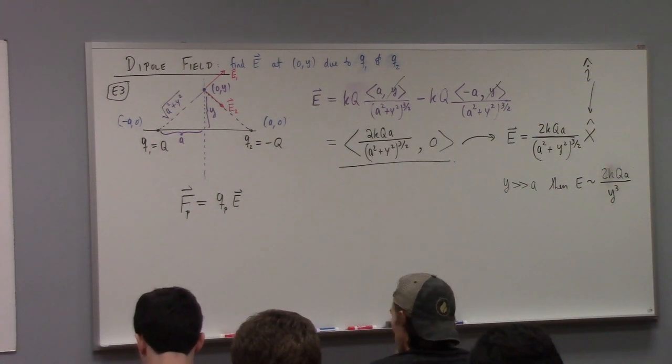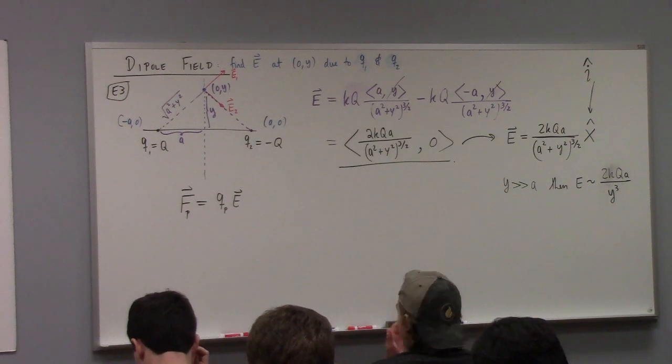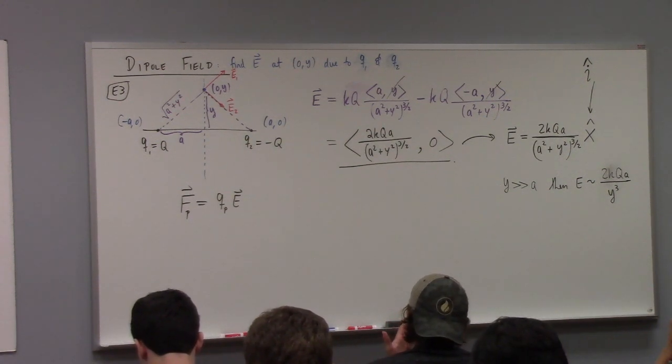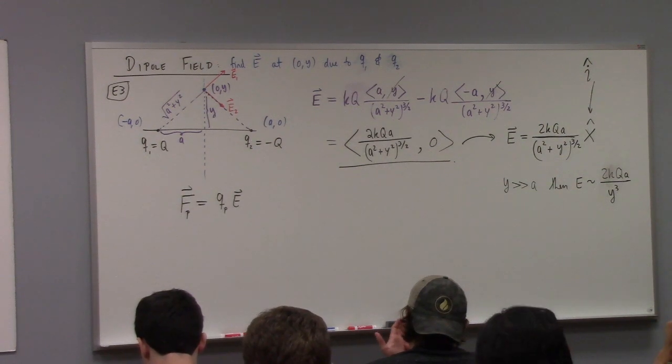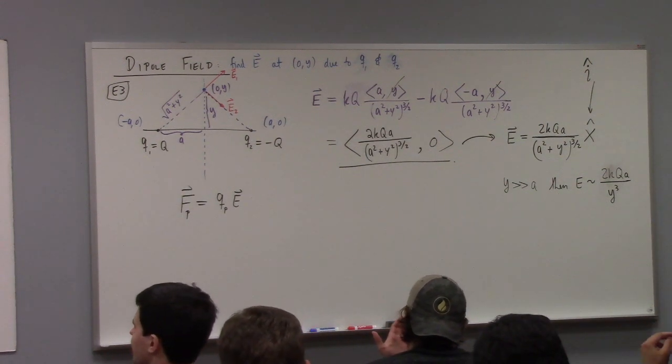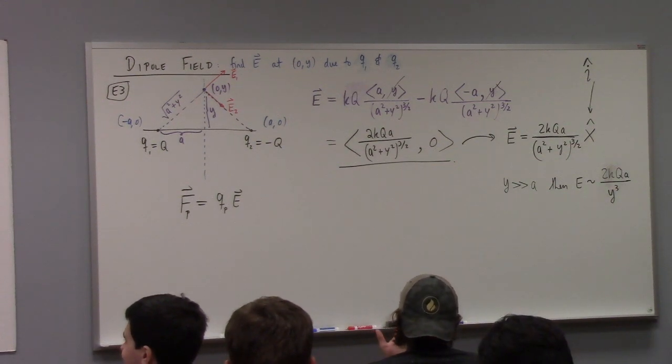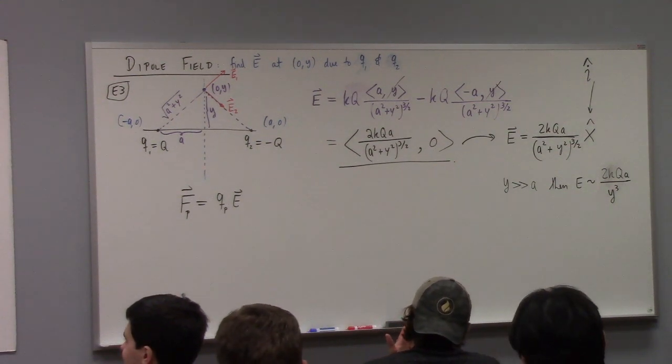See here, I guess I'll work over here this time. So I want to ask what's the electric field due to a line segment of charge. All right? So since it's a line segment of charge, we have to do an integration because it's a continuous distribution of charge.